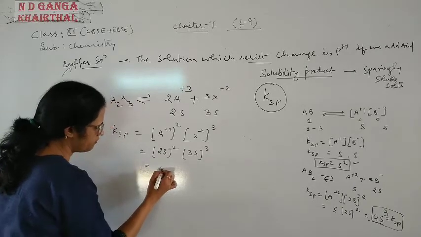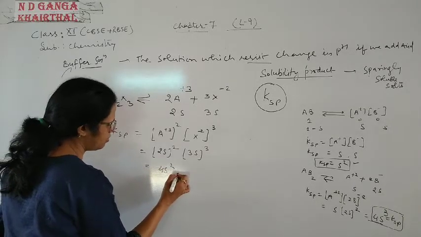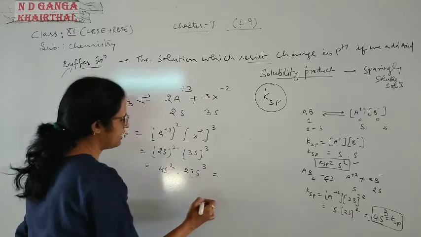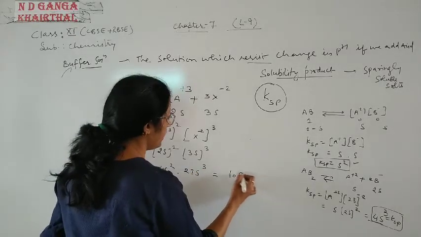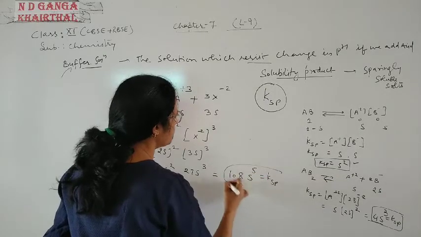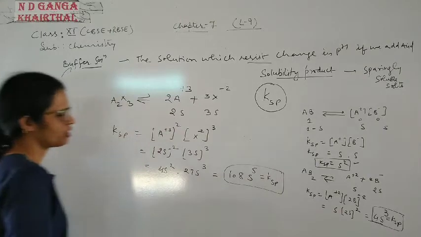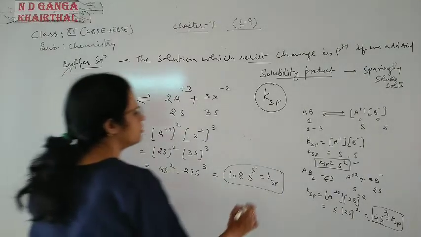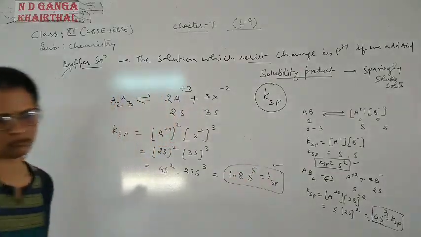Then solve this: 4s square dot 27s cube, that is 108s to the power 5, that is equal to Ksp. Okay. So in this way we have to calculate solubility product.